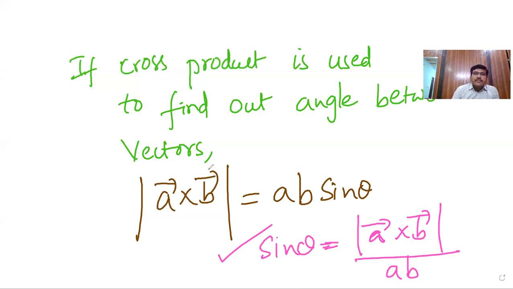Now these are some salient features related to the dot product, cross product, and the angle between two vectors. Now, observe the fourth parameter I would like to discuss.